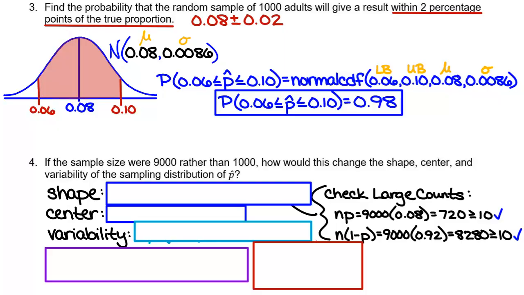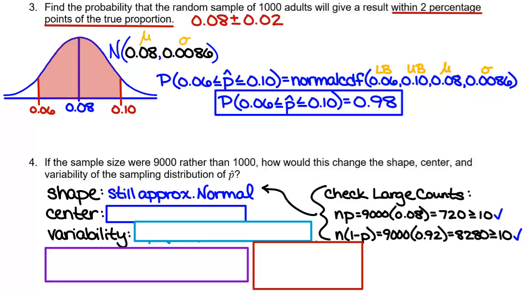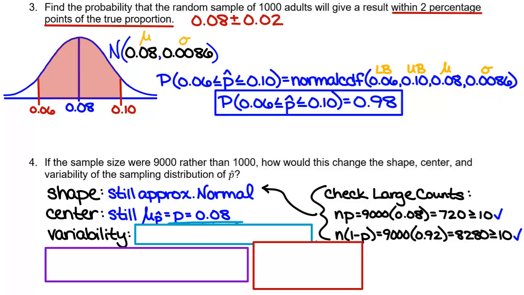So now I know for sure that the shape is the same, still approximately normal. What would the center be? Center is still going to be 0.08. My true proportion didn't change. It doesn't matter how big or small my sample is, that true proportion will be the mean of my sampling distribution.